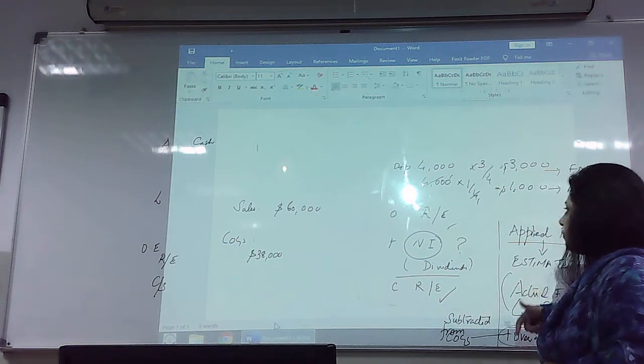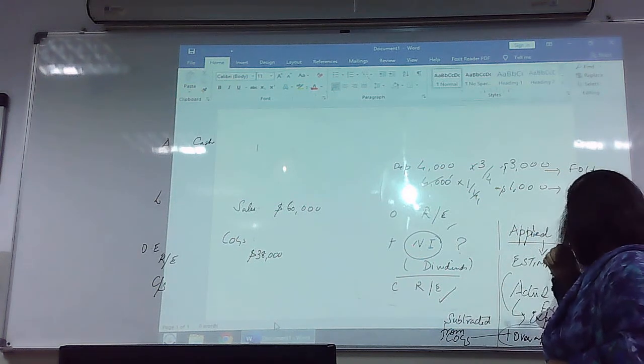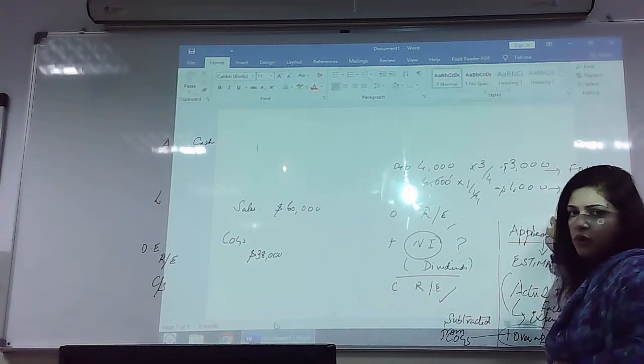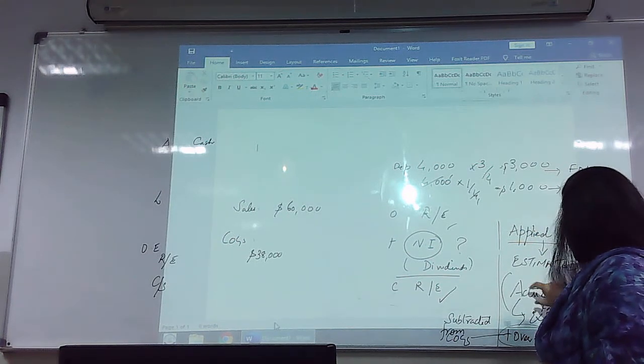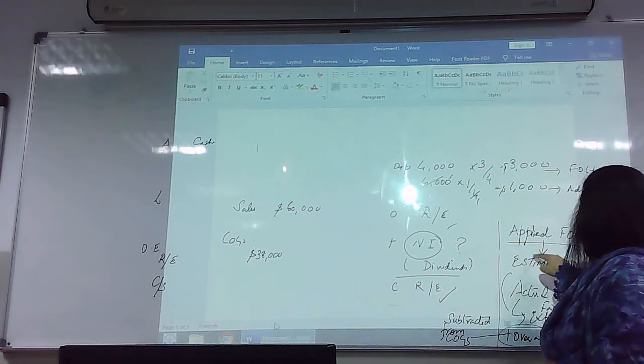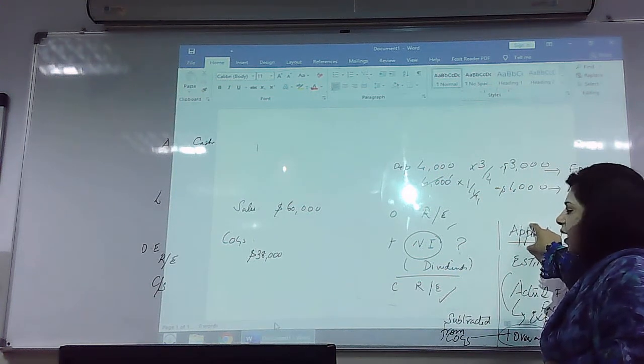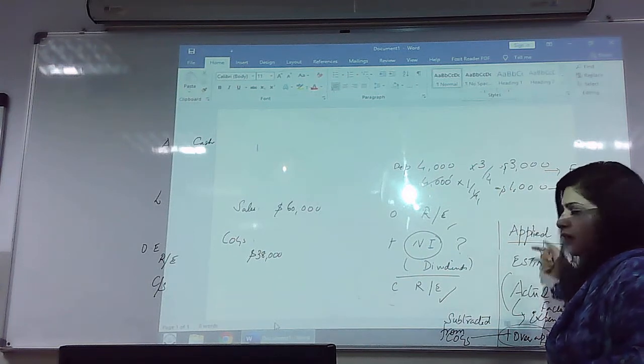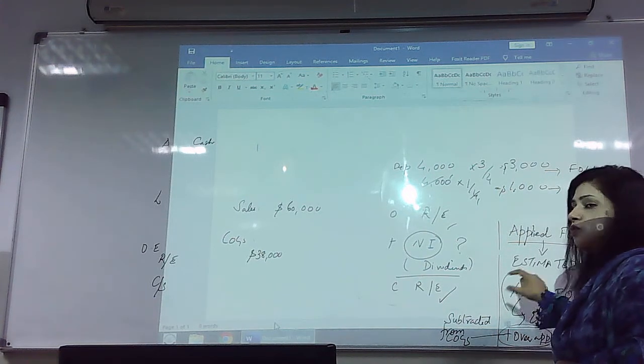So I would require a further $2,000. This means I actually underestimated my actual factory overhead, which came to $4,000, whereas the value that I asked for and estimated was $2,000.